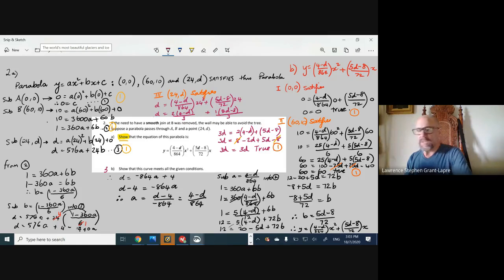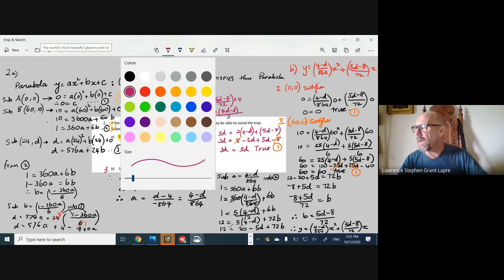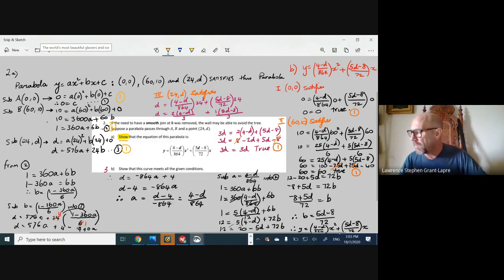I stopped saying where all the marks came from. Let's go back. I did say there was going to be 1 mark for A and 1 mark for B. So we get 1 mark for A and 1 mark for B, and that's it. 1, 2, 3, 4, 5. So 5 marks for part A.